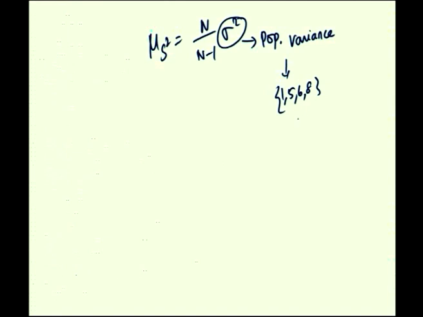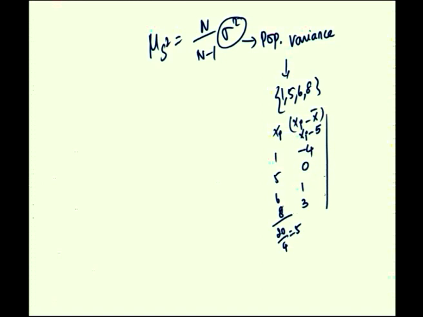Just calculate it, with each value taken as xi, then take xi minus x bar. Writing xi as 1, 5, 6, 8, its total is 20, divided by 4, which is 5, so x bar is 5. So, xi minus 5 is minus 4, 0, 1, 3, and then xi minus x bar whole square is taken.